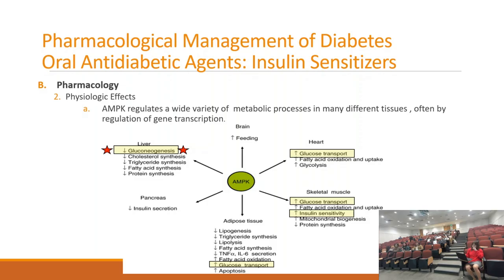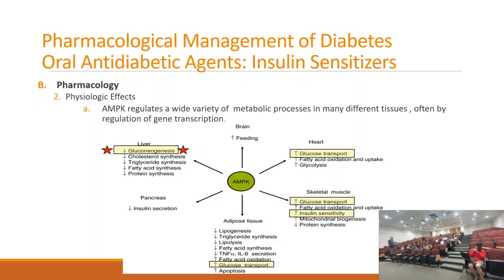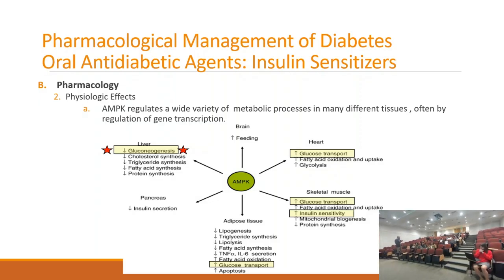So what this does is it inhibits the processes that the body uses to produce new glucose molecules during fasting states. So this drug works at night while you're sleeping, and your body would normally engage in producing glucose through gluconeogenesis. This drug will inhibit that process or reduce it. So that's a very unique feature, hence why I have the red stars there.